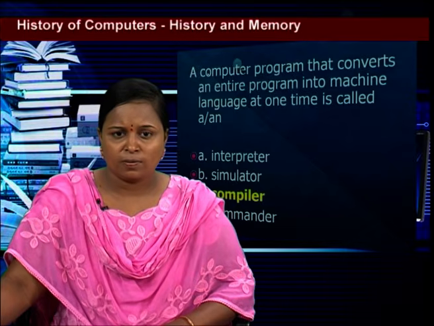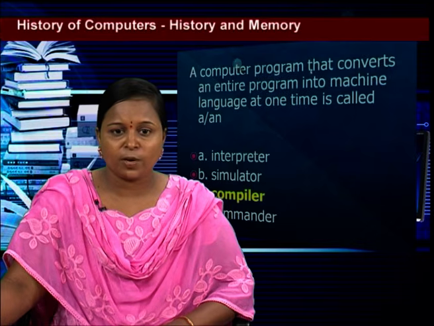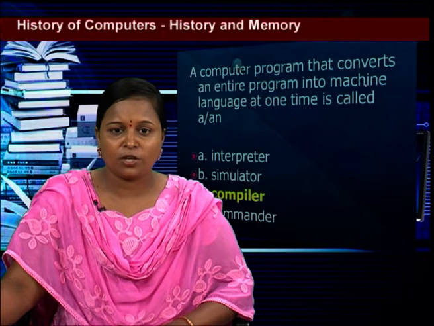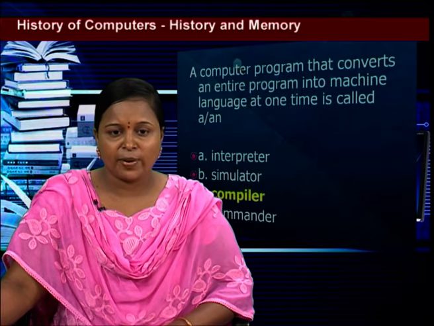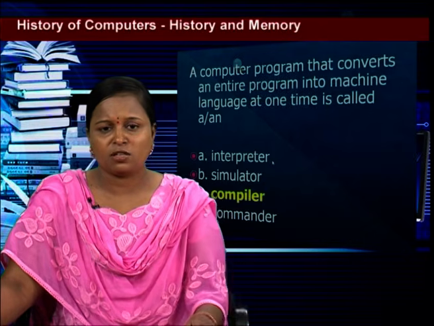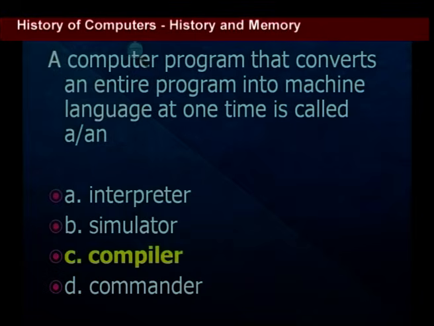So, a computer program that converts an entire program into machine language at one time is called a compiler. An interpreter is also one of the conversions, but it works very slowly. Very slowly means it works only line by line. When the first line has a mistake, it stops there.